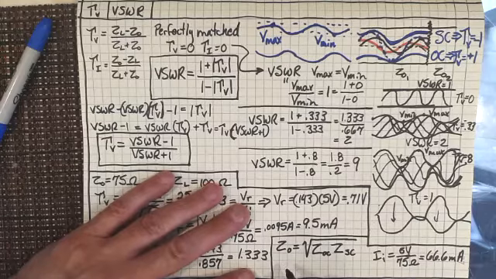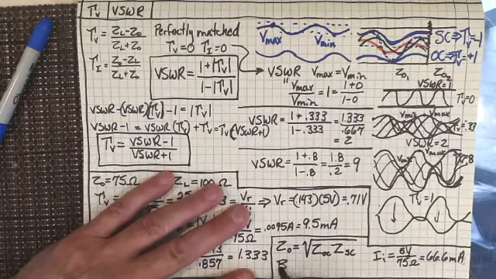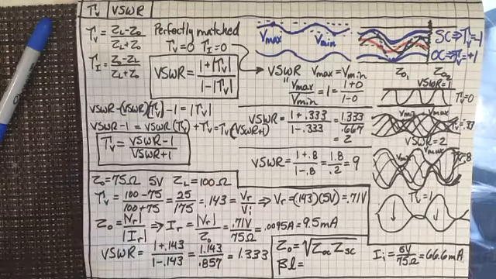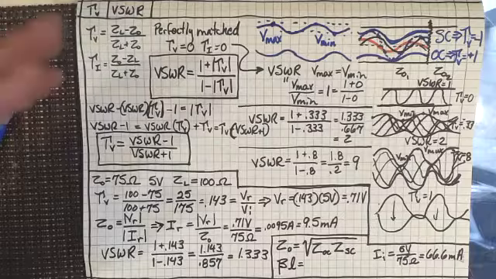There's only a j beta left. So if you wanted to find out what beta was, beta times the length along the line, we'll use this in an example problem that I'm going to do later on, finding out how impedance changes along a communications channel.